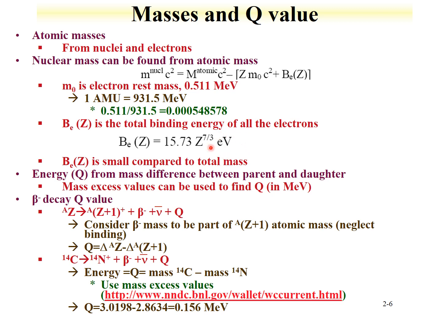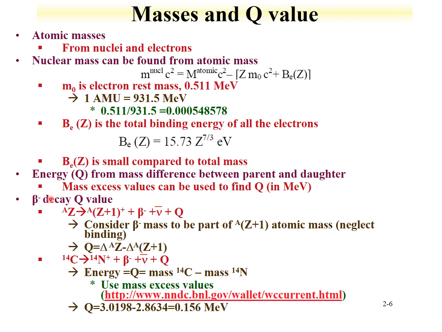These masses are in MeV. Again, this number is also pretty insignificant. So both the binding energy term and the electron mass term can be neglected. For the Q value, we can just talk about the differences between the parents and the daughters in terms of the nucleus. So our concept of using the nuclear masses is relevant.